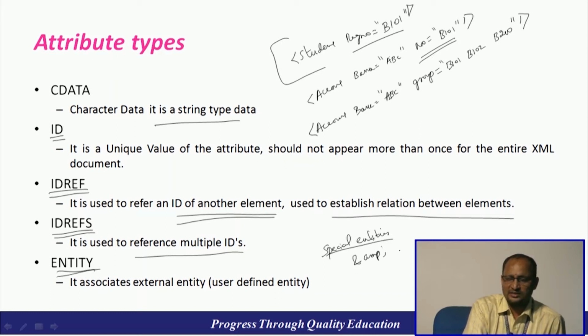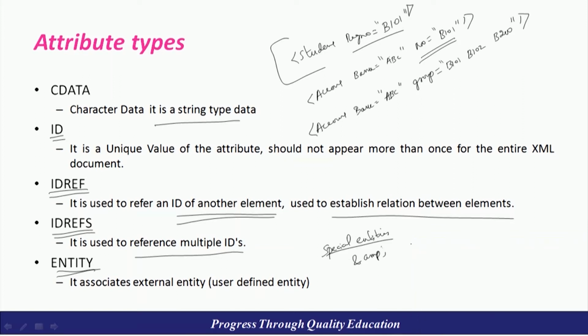The place where we want to have an ampersand, there we can use &amp;. If you want to have a double quote or single quote, greater than symbol, less than symbol, there we can use &gt; and &lt;. These are the conventions that we have to follow, especially for including the special entities in our XML document.